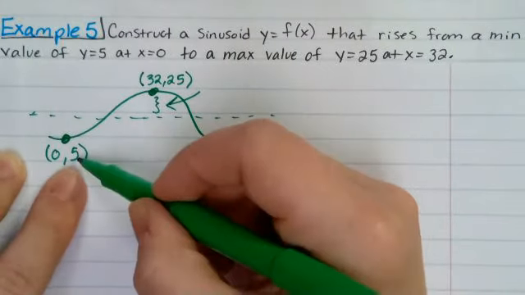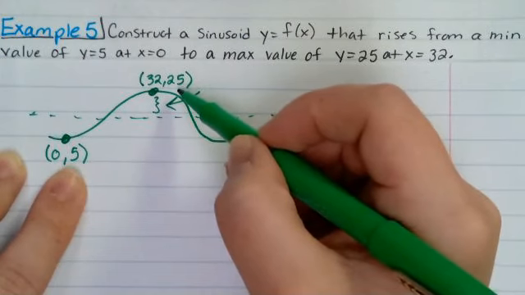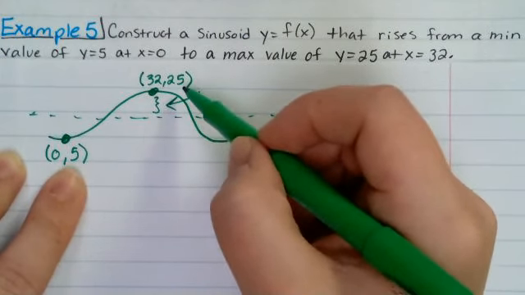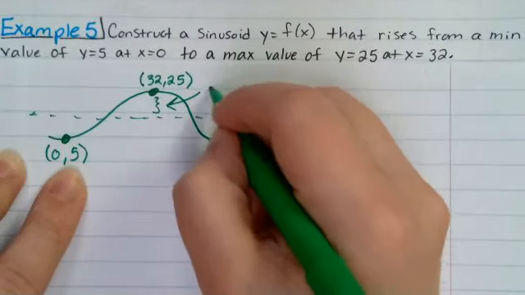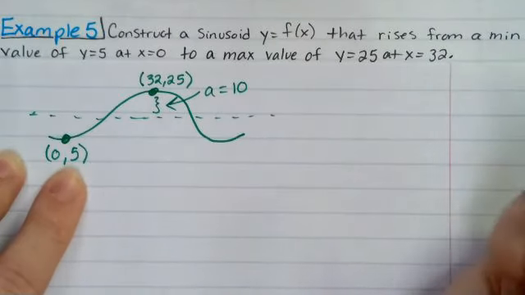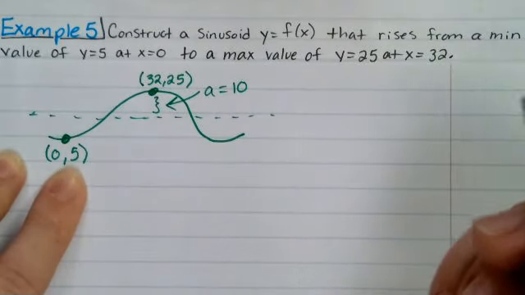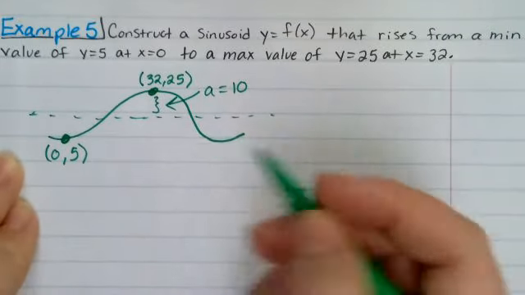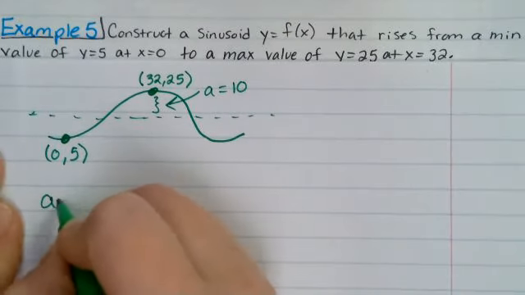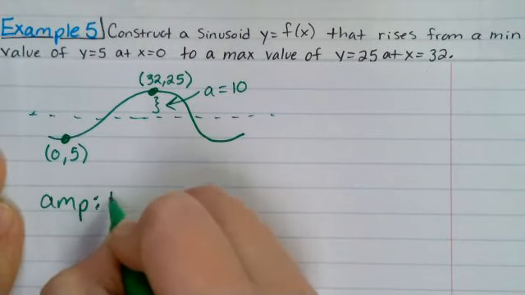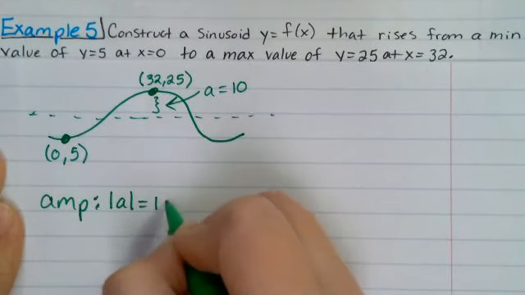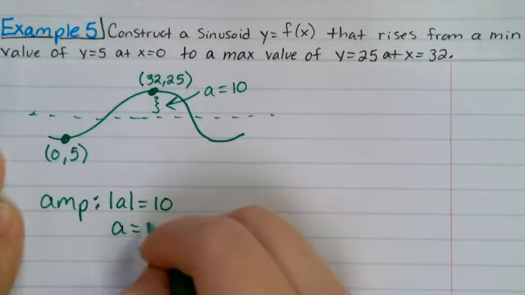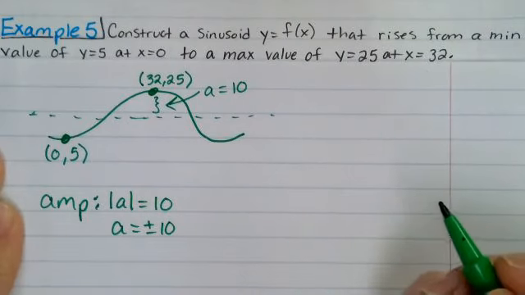So I'm going to look at between 5 and 25. The difference between those is 20. You cut that in half, the amplitude is going to be 10. Amplitude is the absolute value of A, which would be 10. So A is either positive 10 or negative 10.